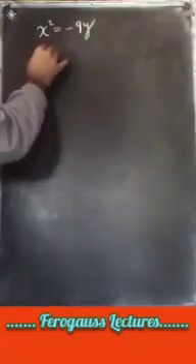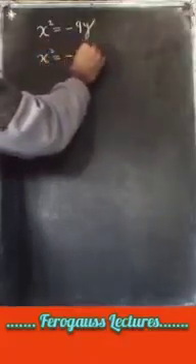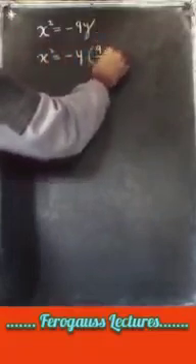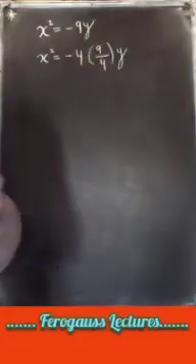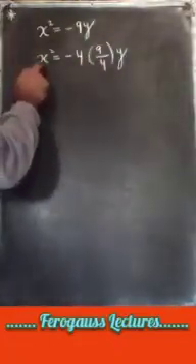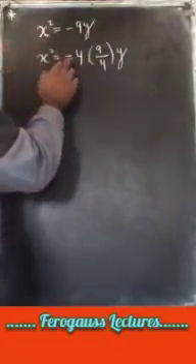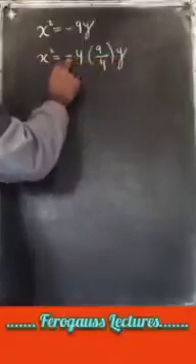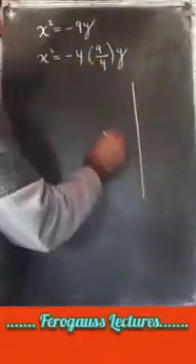We can write it as x square equal to minus 4 into 9 by 4 into y. Okay, here we have x square, so this parabola is symmetric about y-axis, and the coefficient of y is negative, so its axis is along negative y-axis. It's like this.